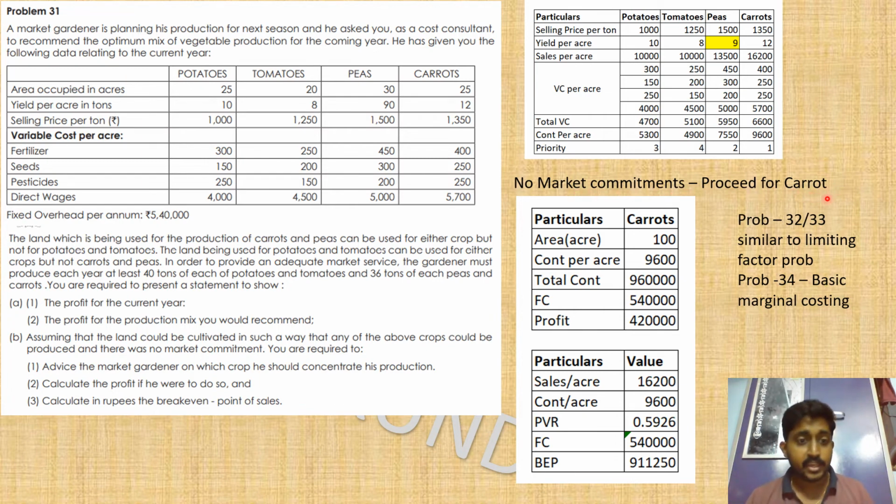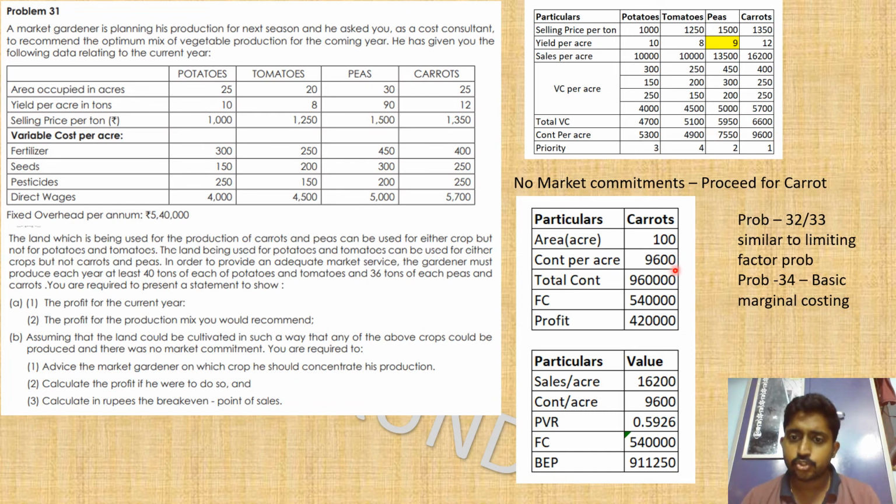That is one thing. Okay, calculate the profit if we were to do so. If you are producing carrot in the full area, calculate the profit. Area, what is the area? 25 plus 20, 45 plus 30, 75 plus 25, 100 acre. So total land area in this problem is 100 acre. Contribution per acre for the carrot is 9,600.